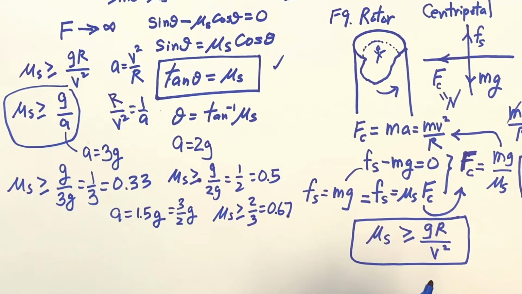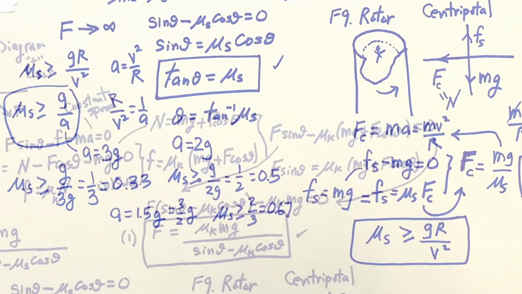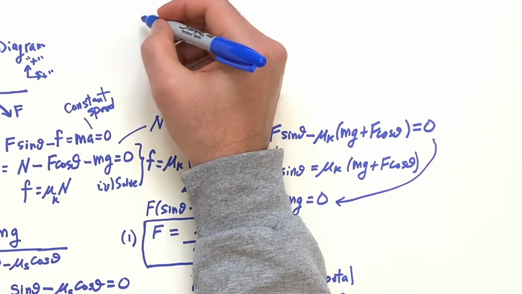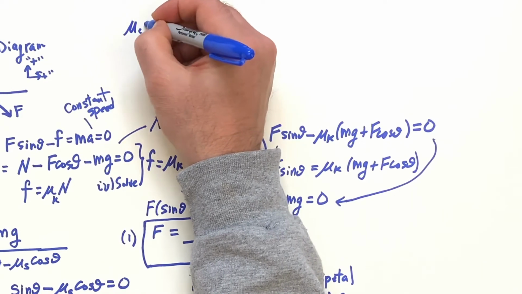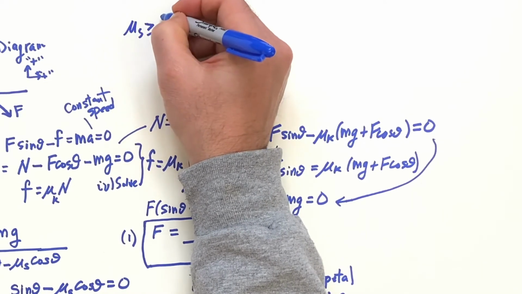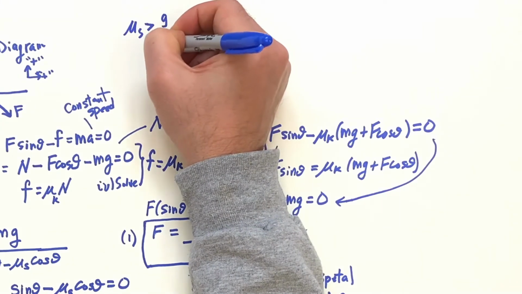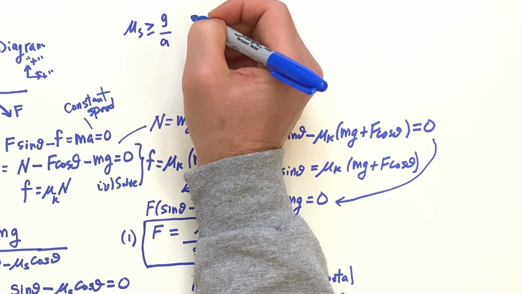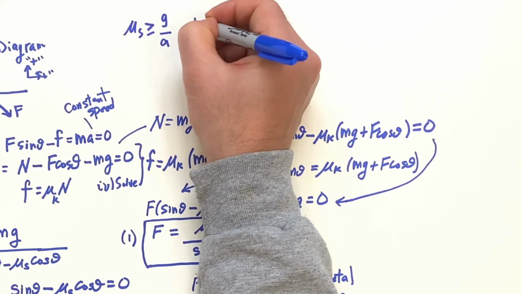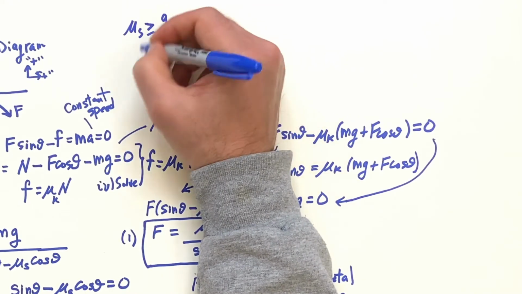So what I would like to do is pursue this engineering analysis a little bit more, and I would like to consider, say, here is μS greater than or equal to G over A. I would like to consider a case where it spins around.